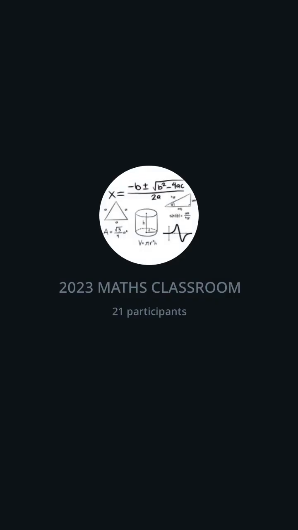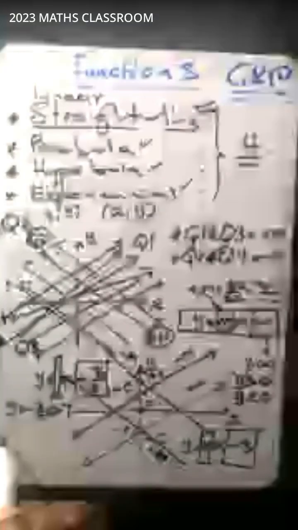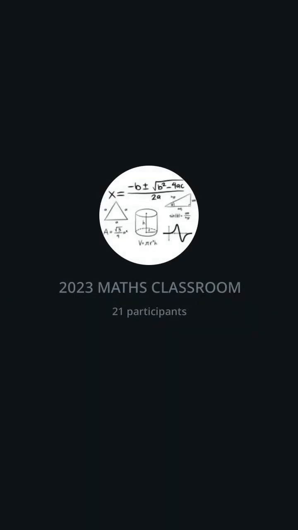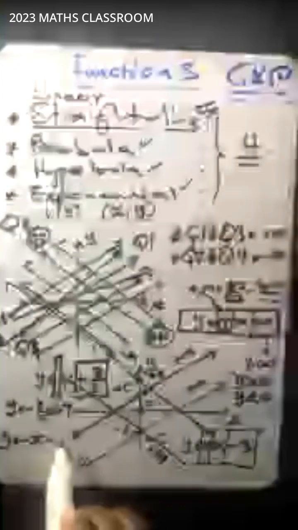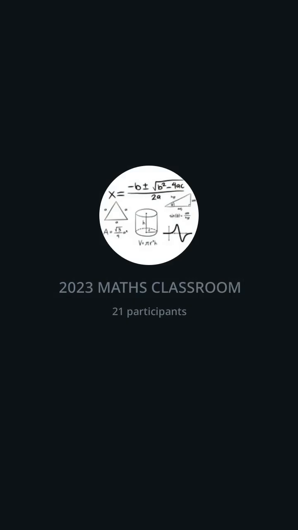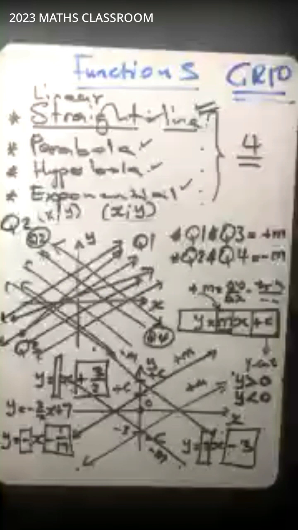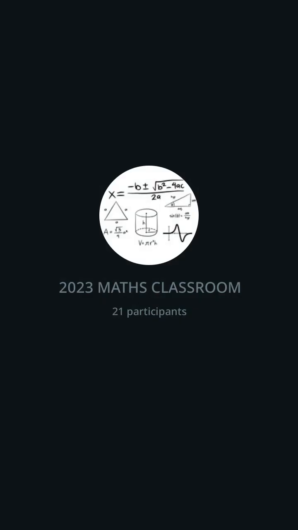And below could be something similar. What you need to be aware of is that the gradient is negative and the c value is negative. So that was the straight line equation.